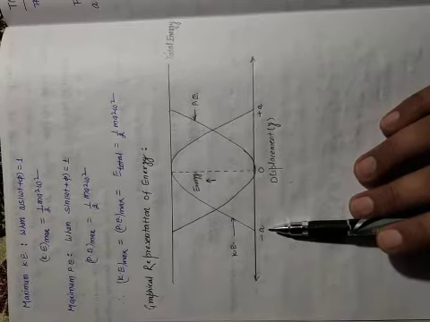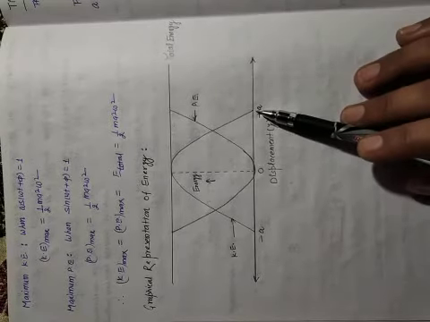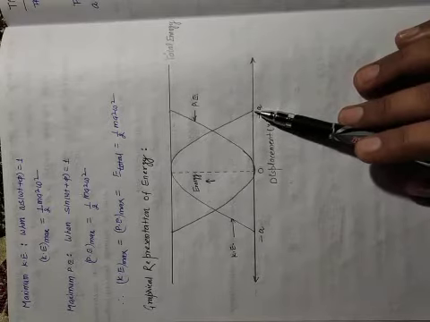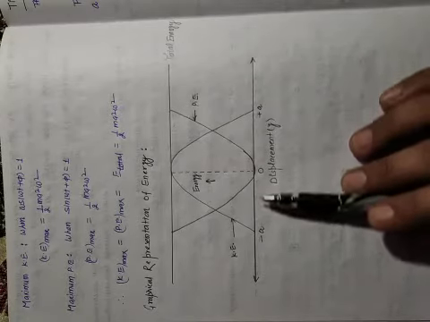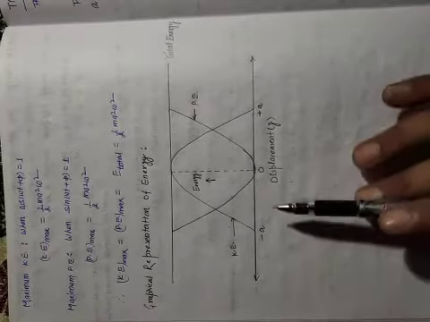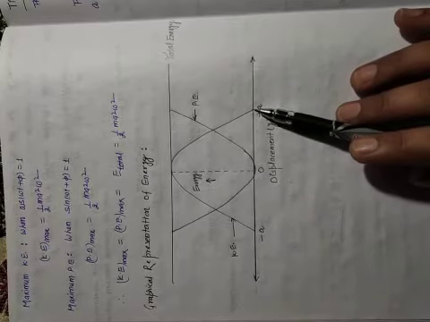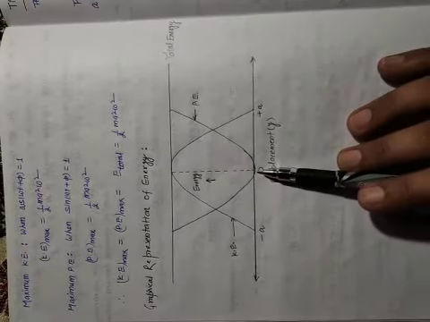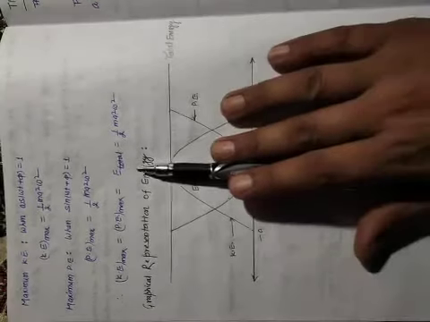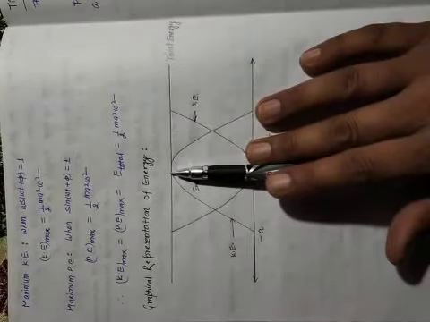When the displacement is maximum, the kinetic energy is minimum. And when the displacement is minimum, that is equal to 0, the kinetic energy is maximum.